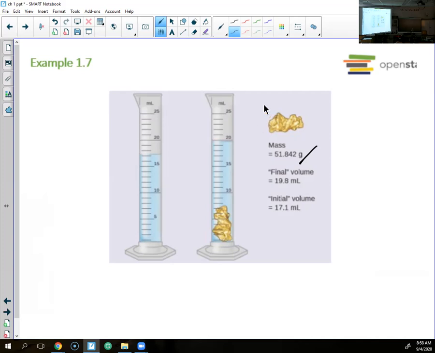To find the volume of just the piece of gold, I subtract, so it'd be 2.7, right? Now you would do the math, but the answer should only have how many total significant figures? 2. Since this one is not as precise as this one, the answer can't be more precise than that.